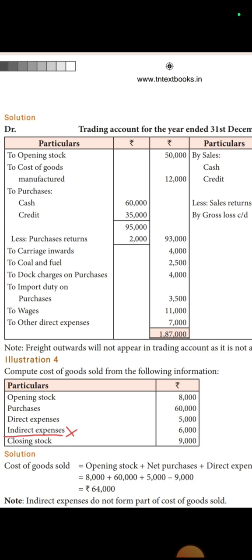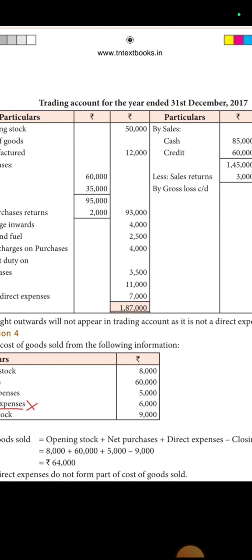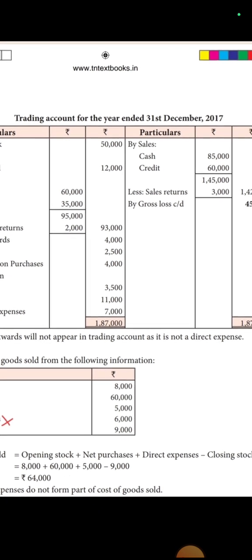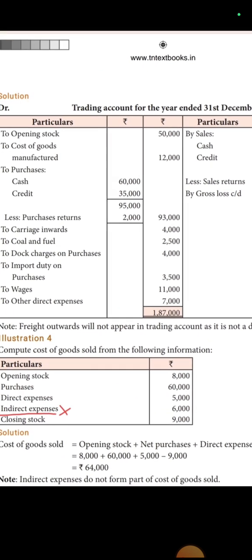So for that, what is the formula for the cost of goods sold? Cost of goods sold equals opening stock plus net purchases. What is meant by net purchases? After subtracting purchases returns from the purchases, you will get net purchases, plus direct expenses, minus closing stock.